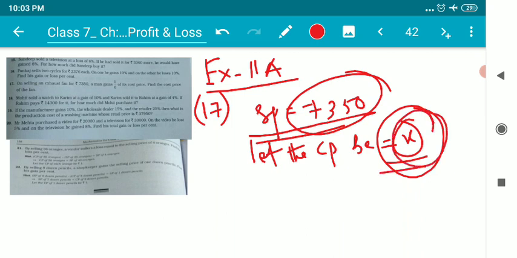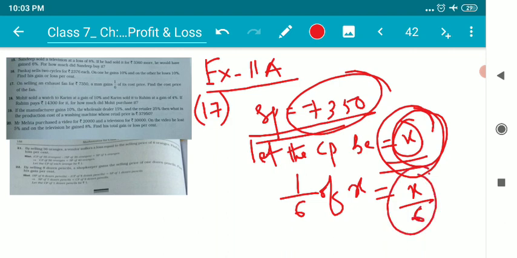of the cost price. Children, what is 1/6 of cost price? 1/6 of cost price means the amount is X by 6 rupees. This is the amount of profit. Children, we need to understand each and every part very carefully. The selling price is mentioned in the book, that is 7,350.